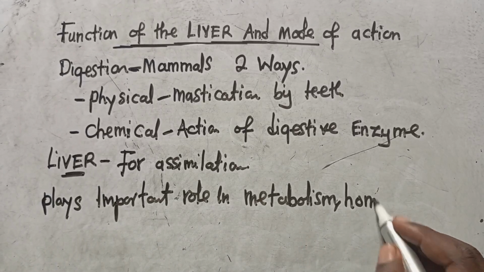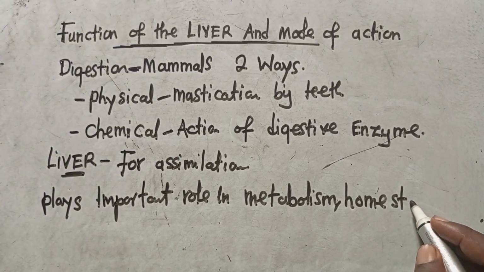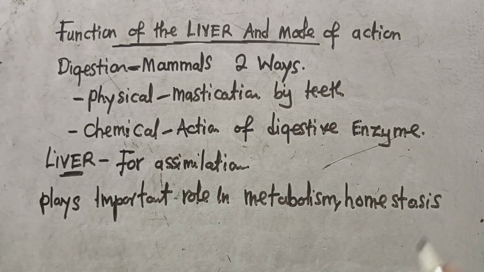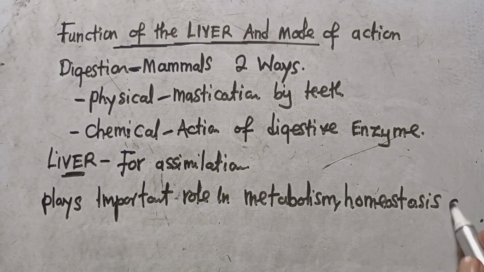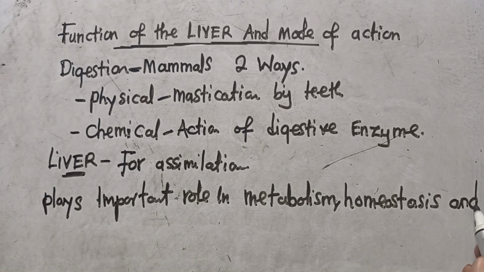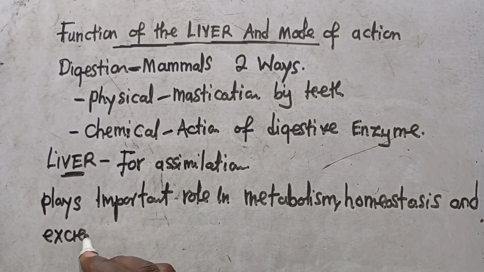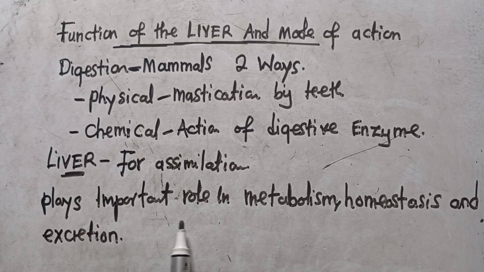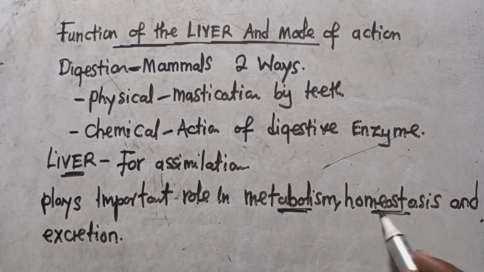We also need to understand homeostasis, spelled like this. If I'm not mistaken about the spelling, you can correct me on that. And excretion. So the liver plays an important role in these three things: metabolism, homeostasis, and excretion.